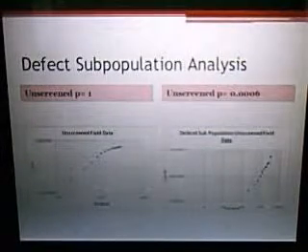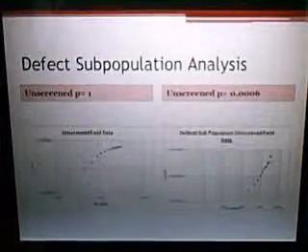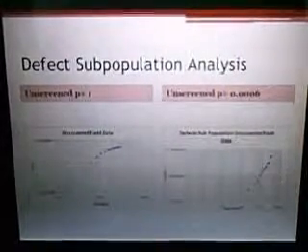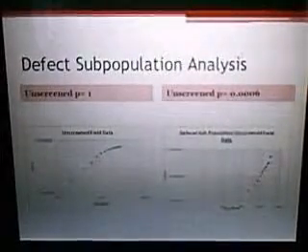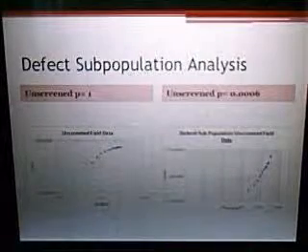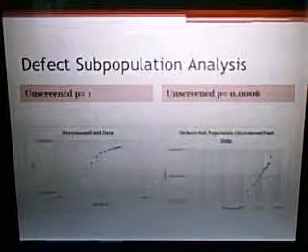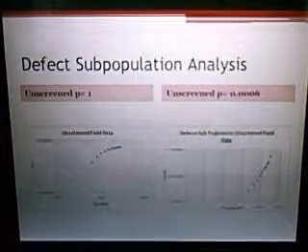And what we see here on the right-hand side is that it is very strongly suspected that a defect subpopulation does exist, by the fact that the replotted data with p equal to 0.006 is much more linear than that with p equal to 1.